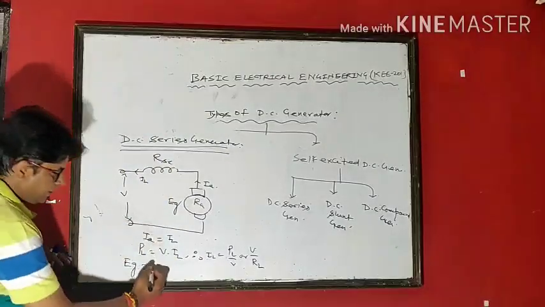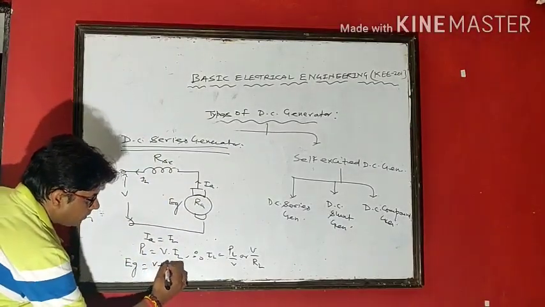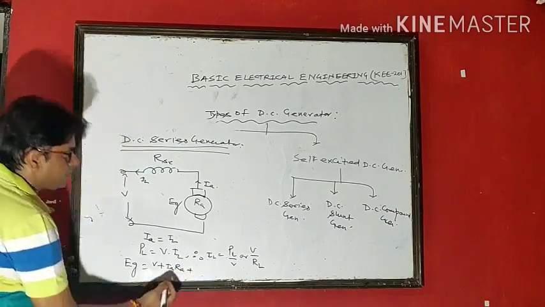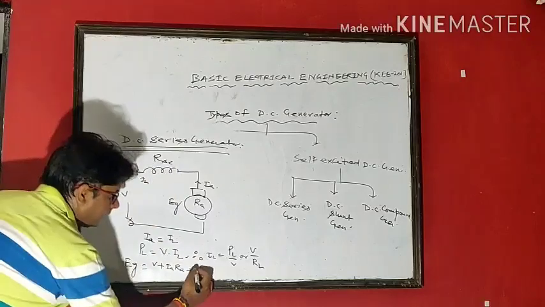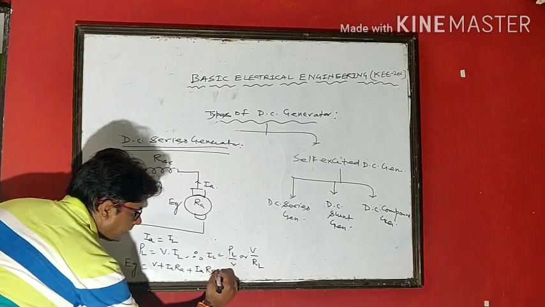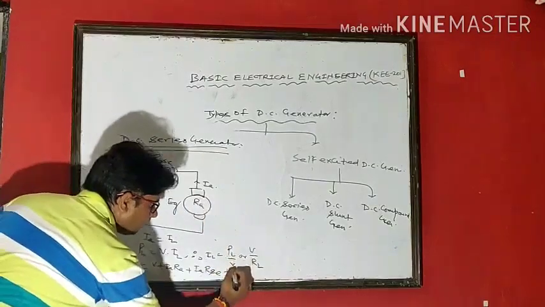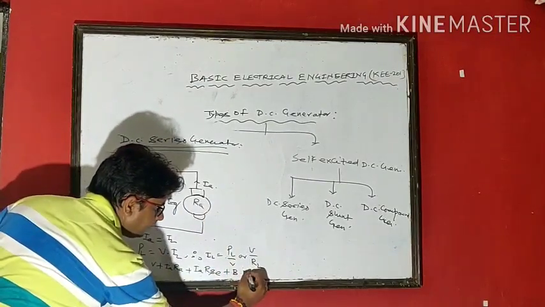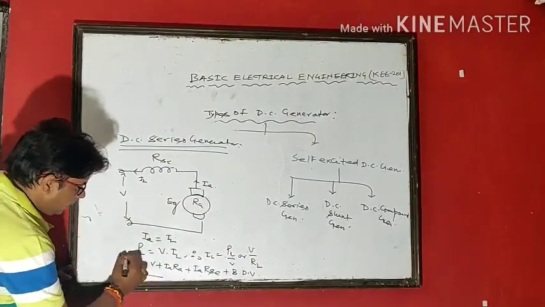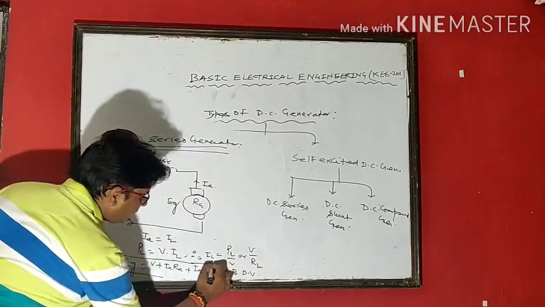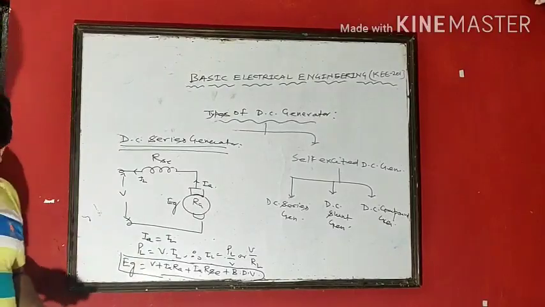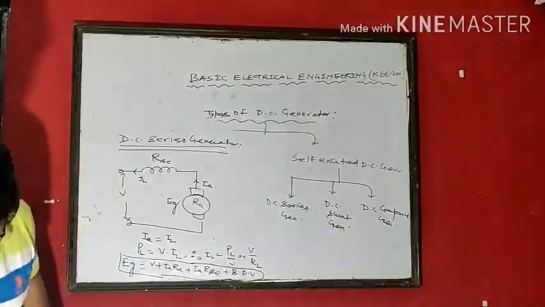So EG equals V plus IA RA plus IA into RSE plus brush drop voltage, that is BDV, since IL equals IA. So this is your EMF generated for the DC series generator. Next, second one is DC shunt generator.